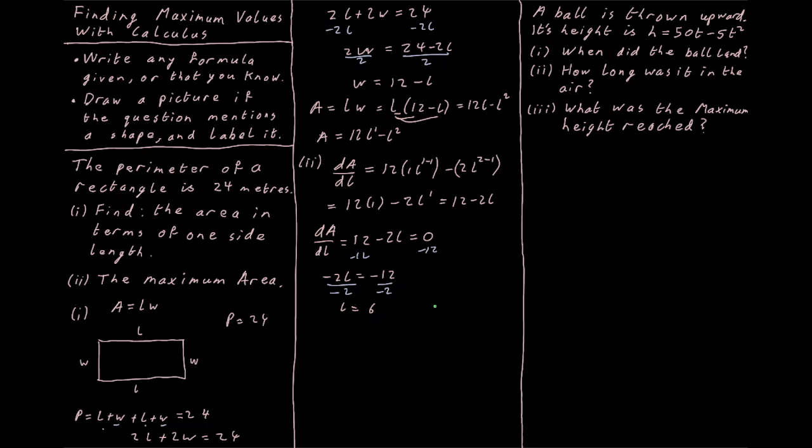I have to justify that that is a maximum, so I need to get the second derivative. I'm going to do that over here: d2A/dL squared, and that's just getting the derivative of this. So I'm going to write it out. You're just taking the derivative again, using the power rule again, and we get minus 2.